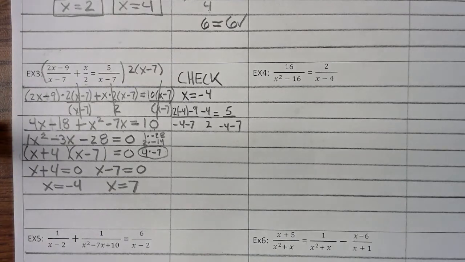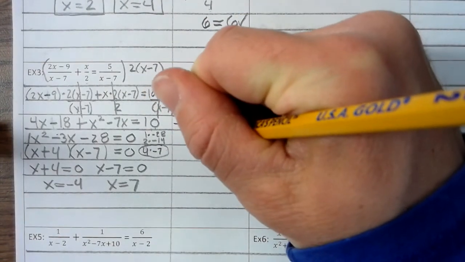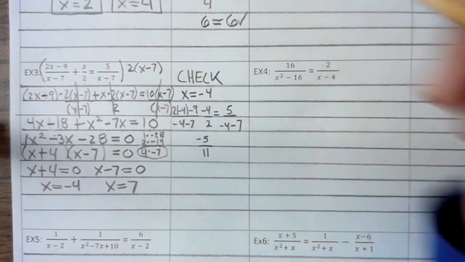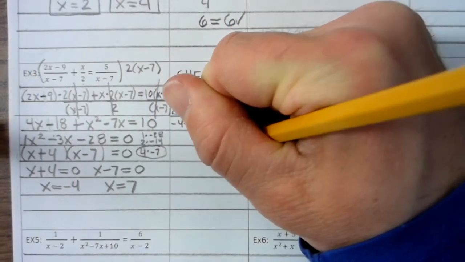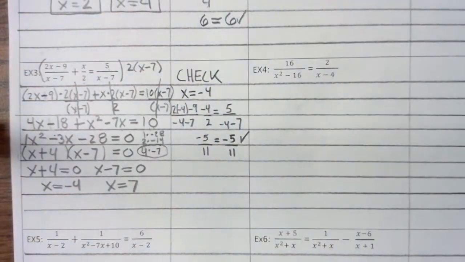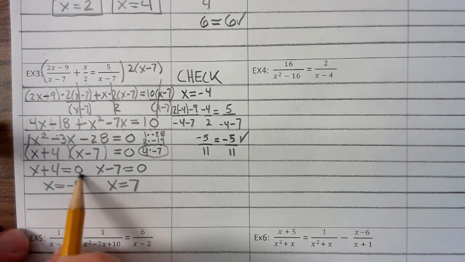All right, at this point I would just plug into the calculator. I would do the left side first and then the right side. So the left side equals negative 5 divided by 11. And wouldn't you know it, the right side equals negative 5 divided by 11. So it checks. So x equals negative 4 is the solution.